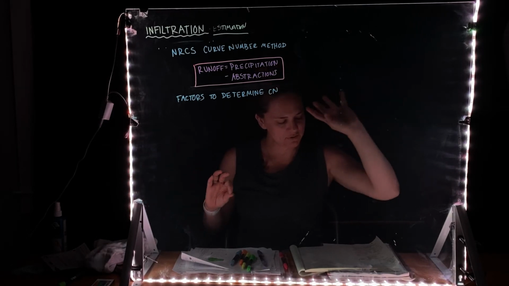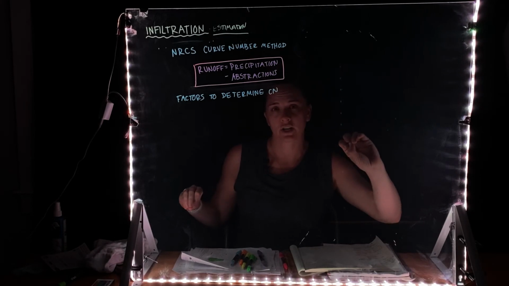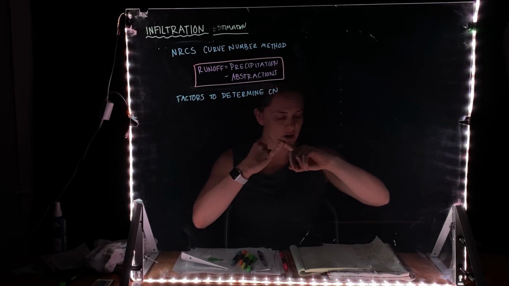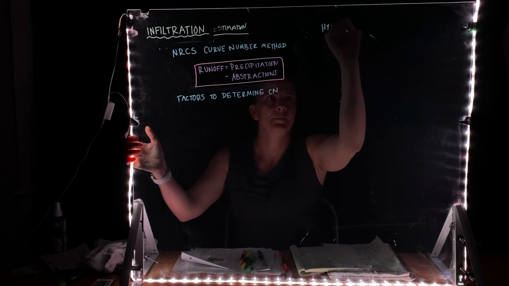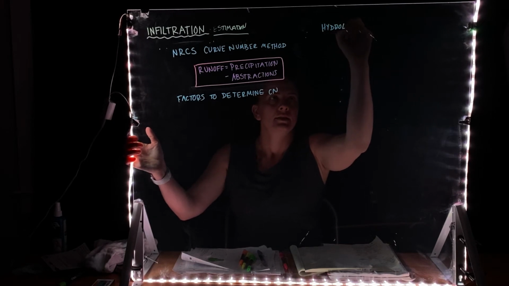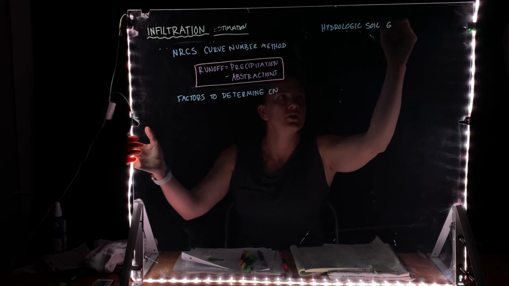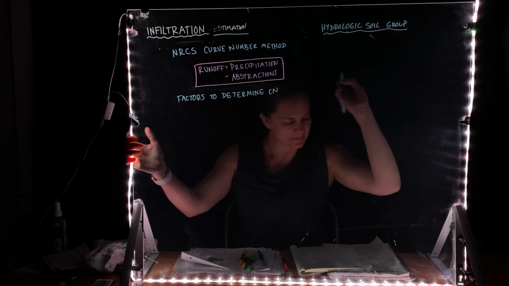I'm going to talk about 4 different characteristics of the watershed that are taken into account in determining the curve number. And they are the hydrologic soil group. Maybe this is a term that is familiar to you from a soil mechanics class. Okay, that's number 1.